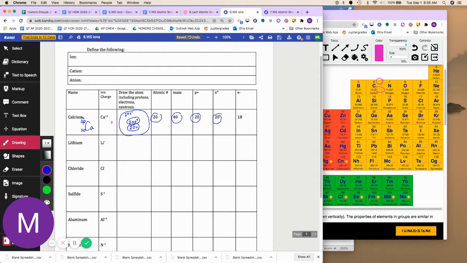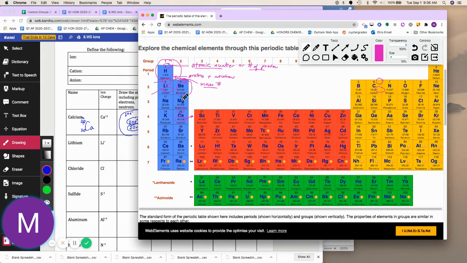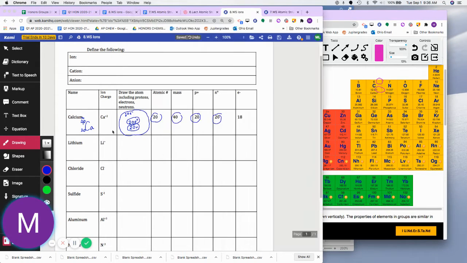Because it has a positive 2 charge, you are not allowed to touch the nucleus, because if you put two more protons in there to make it positive, you're going to make something else. Calcium plus 2 protons, you're going to make titanium, and I don't want titanium, I want calcium. So in ordinary chemical reactions, we only remove or add electrons.